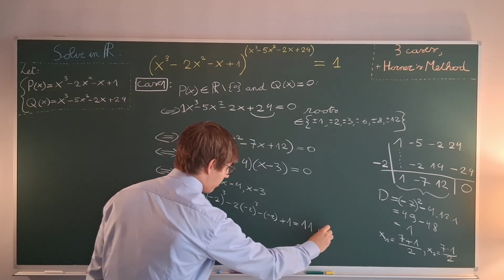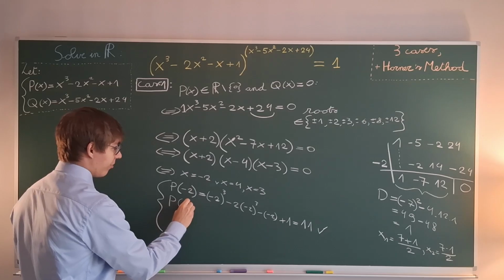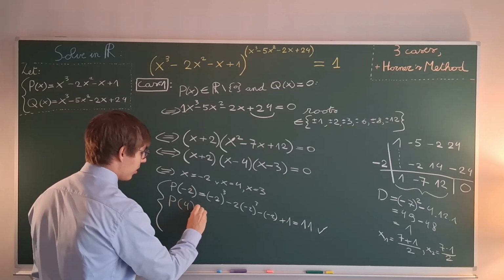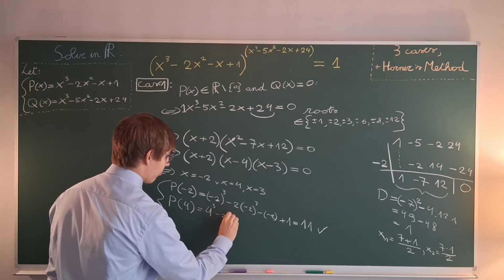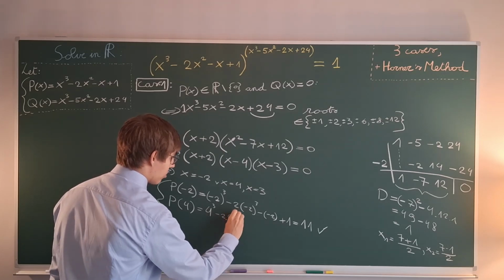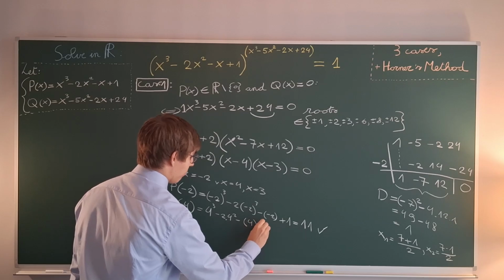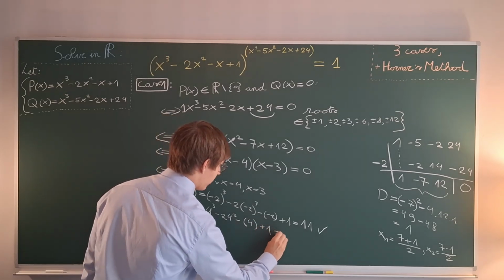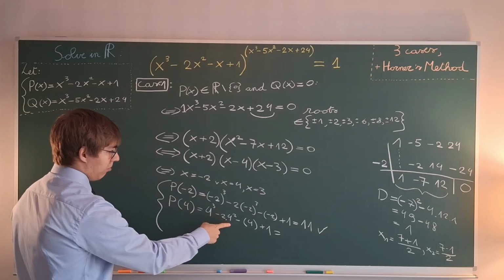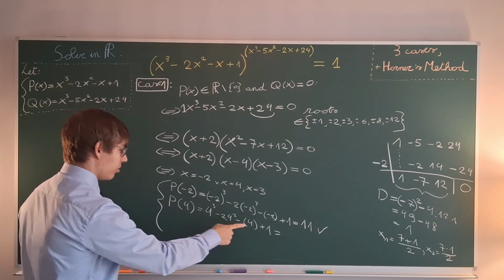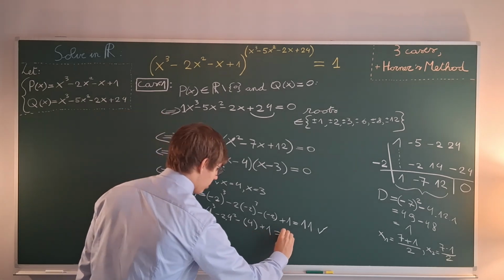So that's okay. Now p of 4 is 4 cubed minus 2 times 4 squared minus 4 plus 1, which is 64 minus 32, which is 32, minus 4, which is 28, which gives us 29.